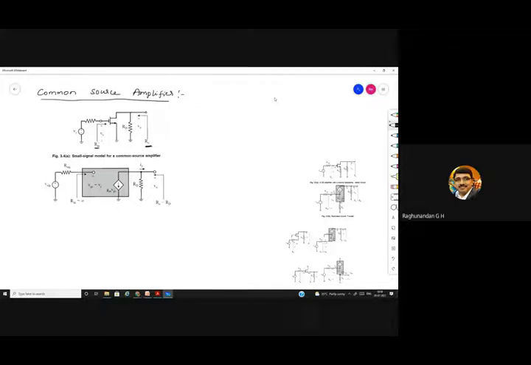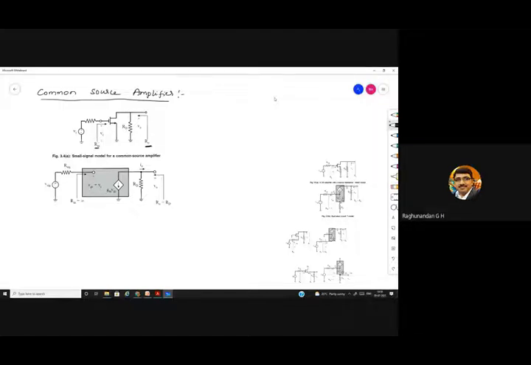Similar to small r naught for BJT, wherever we take the output, that terminal offers some amount of resistance. The terminal's internal resistance is expressed as small r naught. In the same way, in the MOSFET also we consider that. In some cases we ignore it, in some cases we consider it.